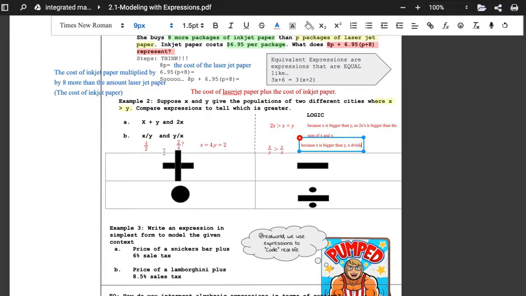X divided by y is always going to be bigger than 1. But y divided by x is always going to be smaller than 1.